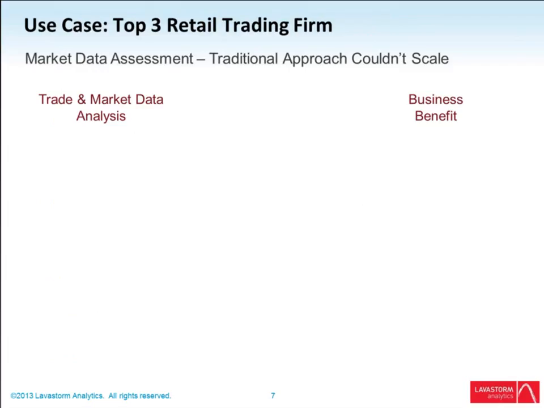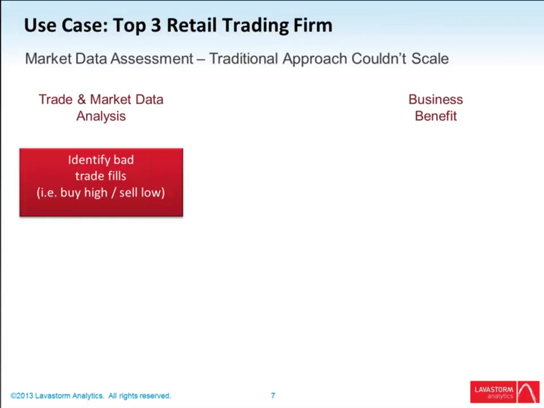So the use case that we've chosen is Lavastorm, in concert with one of our partners, worked with a top 3 retail trading firm to do a market data assessment. What they wanted to be able to do was to identify bad trade fills. That is when someone either buys a stock too high or sells a stock too low as compared to the quotations that the market was producing at that time.